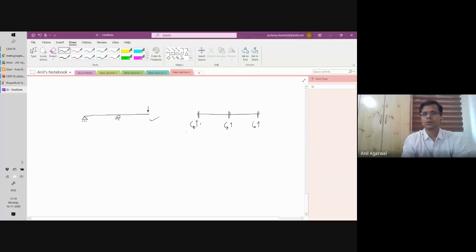Okay, 1, 2, 3, 4, 5, 6. Now it's obvious, right? So when I'm saying I'm applying a unit displacement at 5, what am I doing actually? I'm applying this displacement like this.